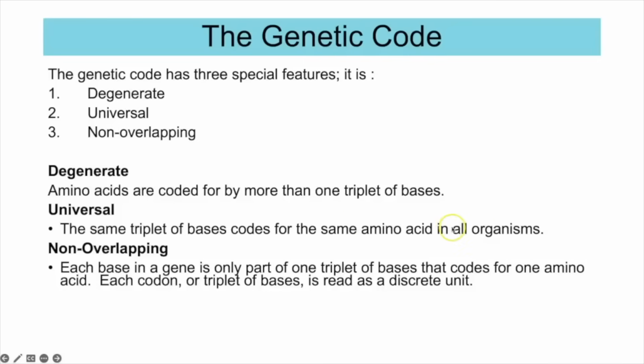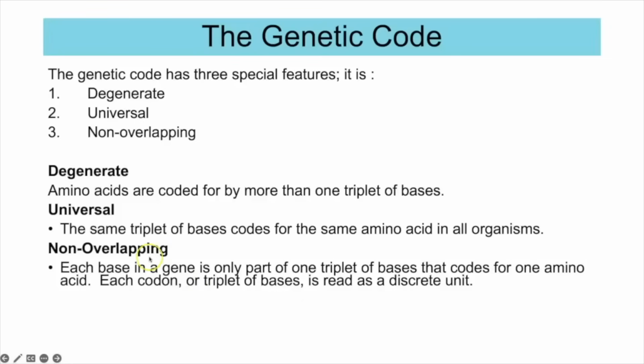Universal is advantageous in genetic engineering because it means that we are able to remove a human gene, for example the human gene for insulin, and insert it into the plasmid of a bacterium, and therefore the bacterium will make human insulin.